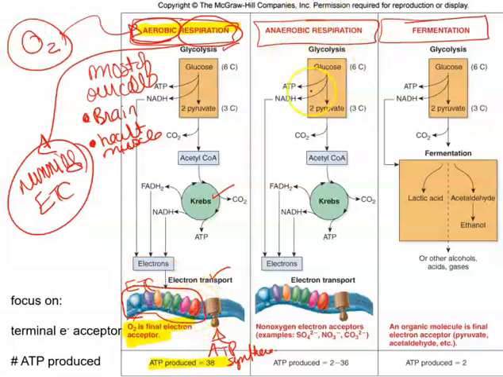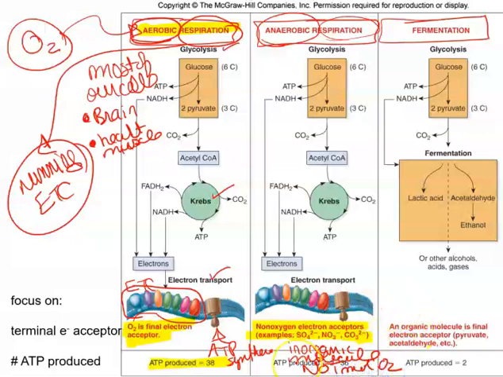So let's now look at anaerobic respiration. The approach here is very similar to the approach in aerobic respiration, except it is anaerobic respiration. Respiration, we're still running the electron transport chain, but in an anaerobic way. So there is no oxygen being used here. It says non-oxygen electron acceptors, but I like to tell students that we are using an inorganic molecule that is not molecular oxygen.